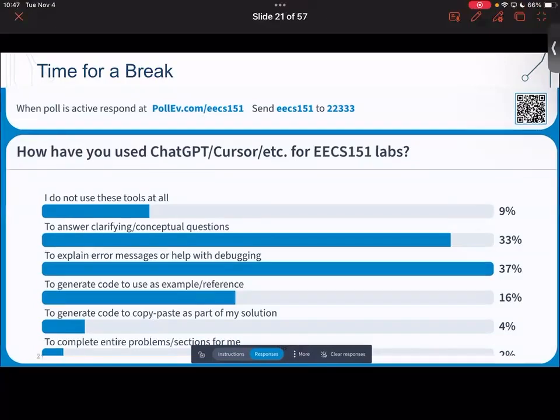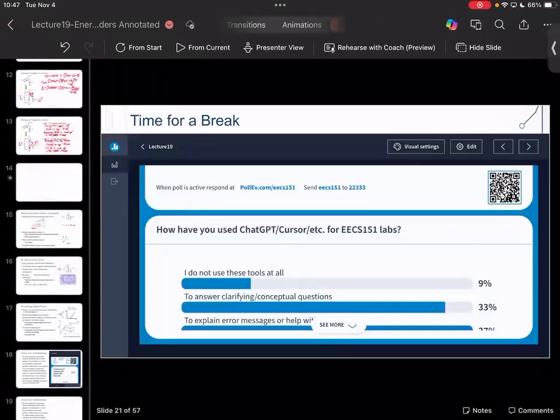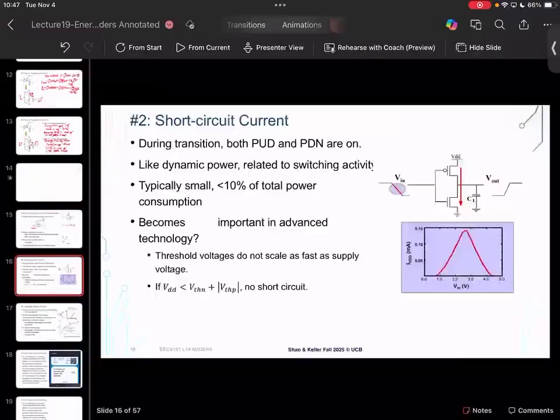Okay, let's talk briefly about, let's see, where were we? Here we go. Let's talk briefly about the other sources of power.